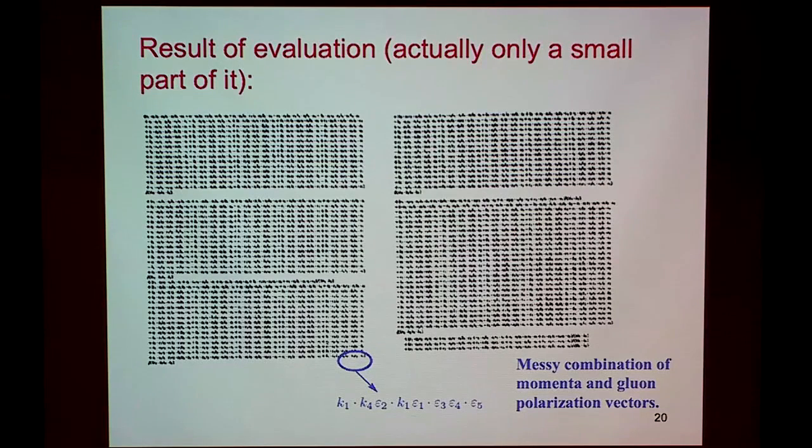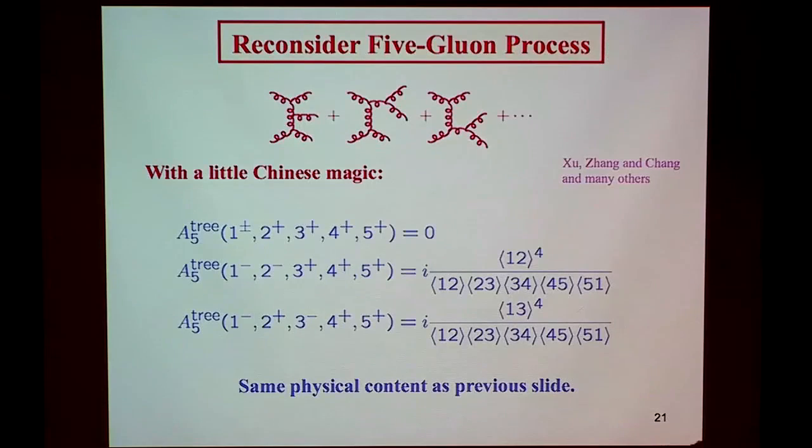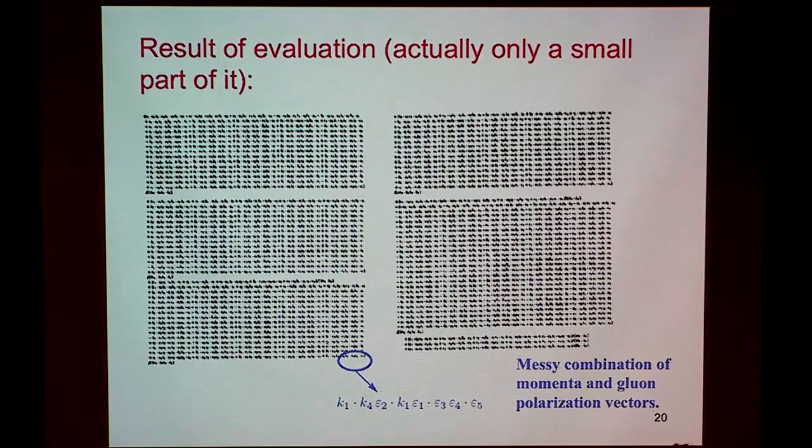On the other hand, if you understand the physics, the basic states, the circular polarizations, we call them plus and minus helicity, then using what's sometimes called Chinese magic, in honor of these people, you get much simpler expressions with a structure. I'm not going to explain exactly what these symbols mean, but this page and the previous page contain the same information.